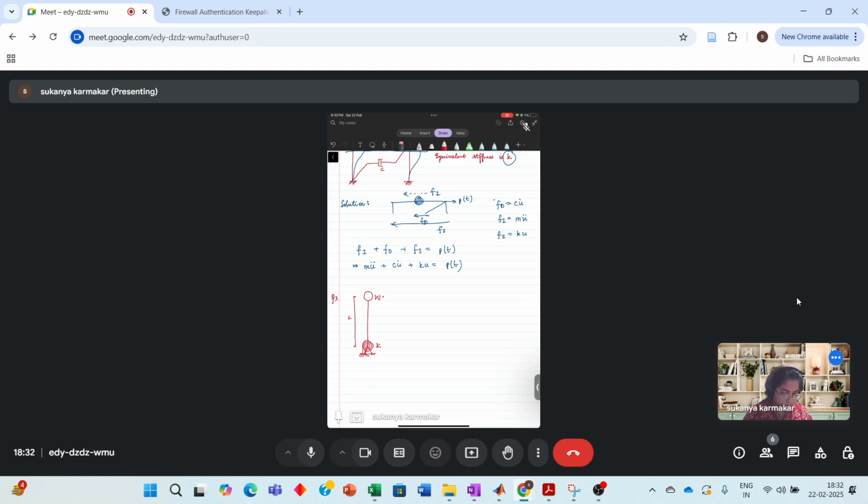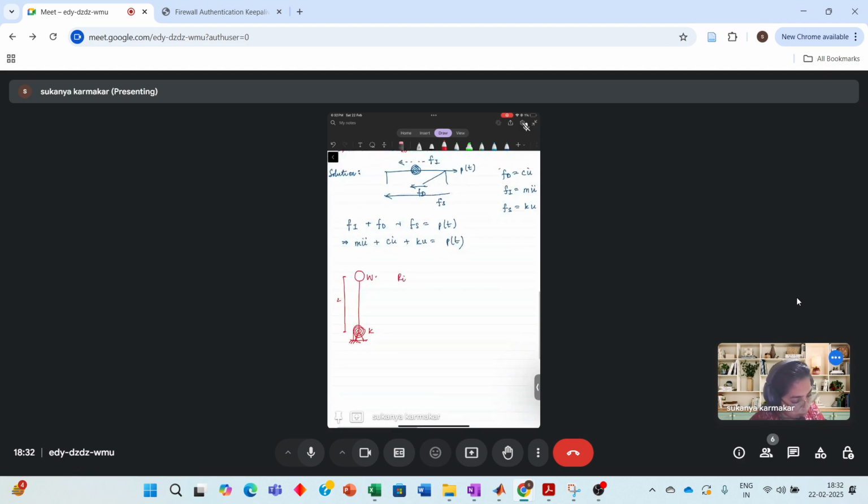So the system consists of a weight W attached to a rigid massless bar of length L. So again, this is a rigid massless bar of length L. Weight is W, and it is joined to a support by a rotational spring of stiffness K. We have to derive the equation of motion and assume first that the deflections are small.